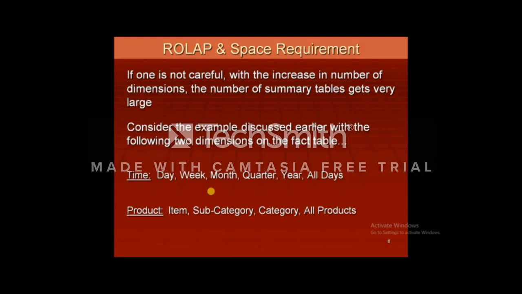So we have to multiply all the hierarchies: time has 6 hierarchies, product has 4 hierarchies, and geography has 5 hierarchies, so we will have 120 summary tables that we will have to calculate and store on the hard drive.